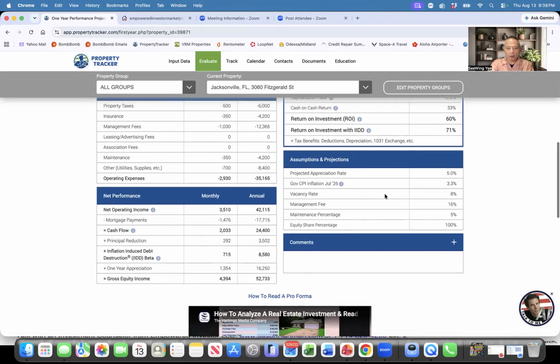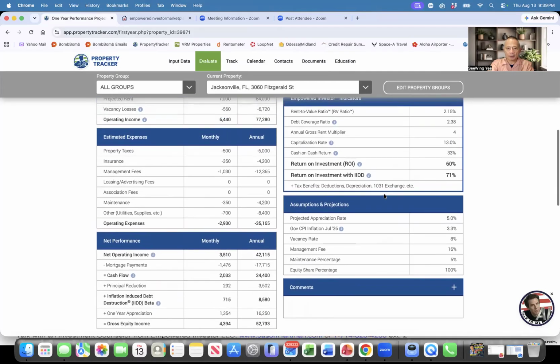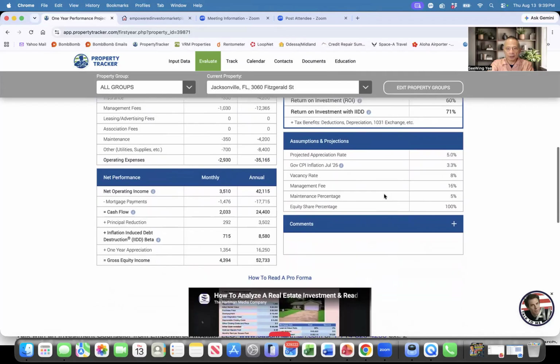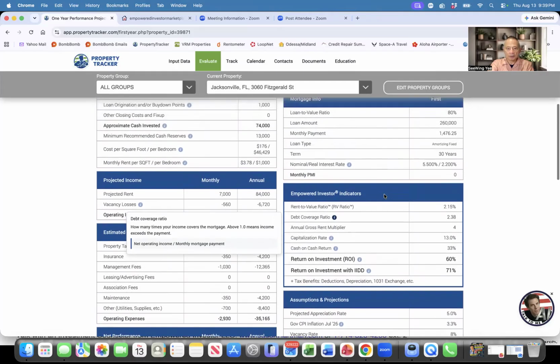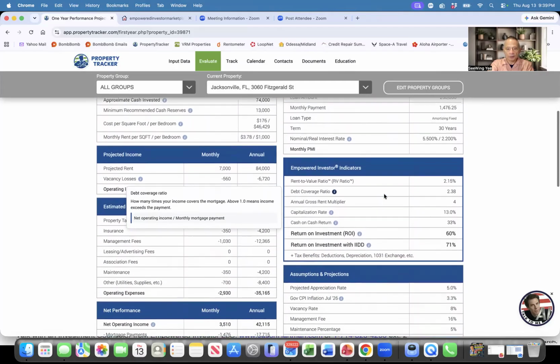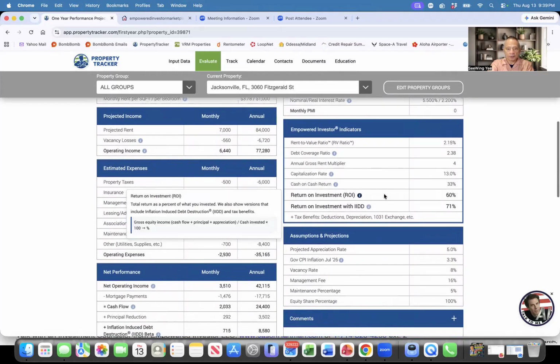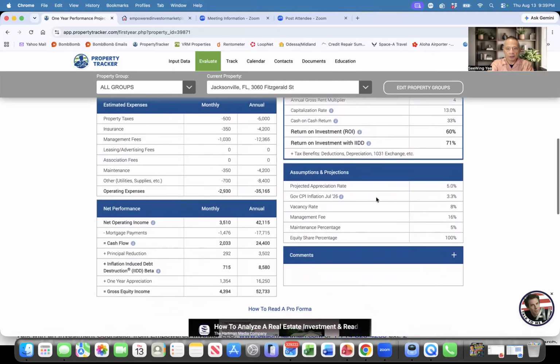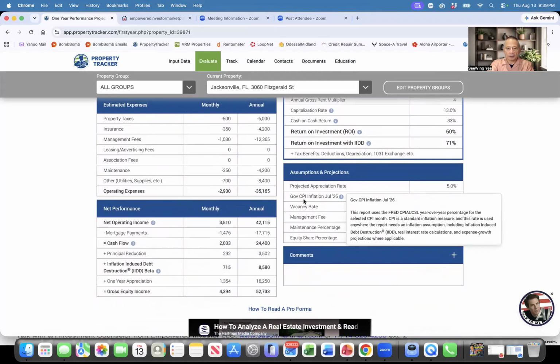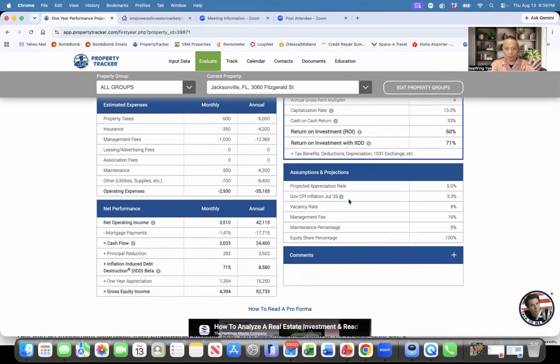We even incorporated the inflation rate. Where is it? Oh, yeah, right here. See the government CPI inflation rate as of July 26. This software is real time. Propertytracker.com. I highly encourage you to use this for free as an initial teaser benefit.